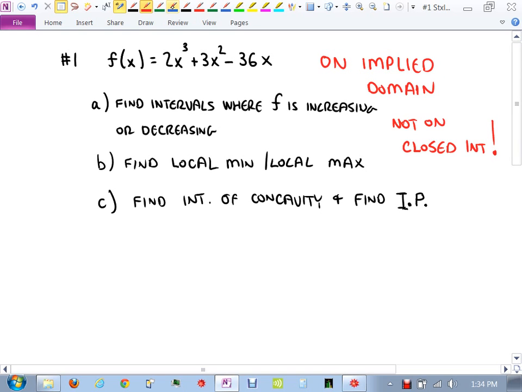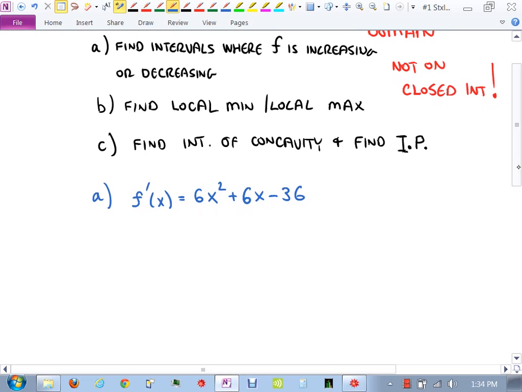Let's find the derivative, right? Okay, so part A, here we go. First thing I'll do is find the derivative: 6x squared plus 6x minus 36. The next thing I'm going to do is find the critical numbers. How do you find the critical numbers?